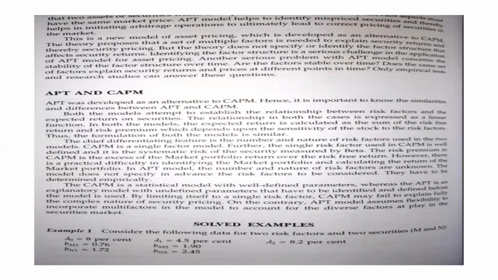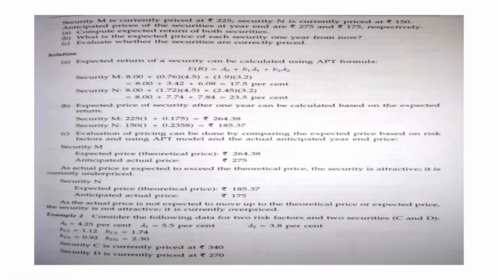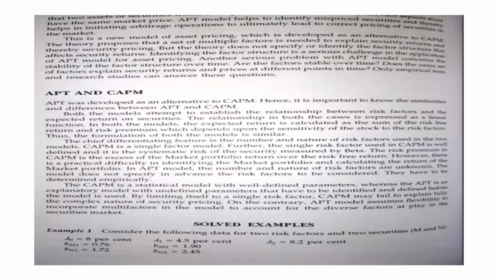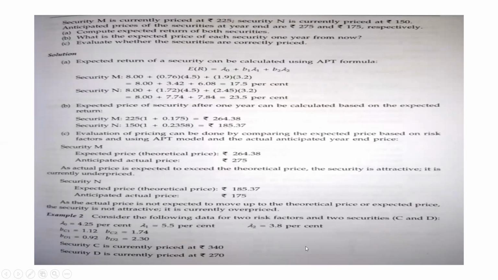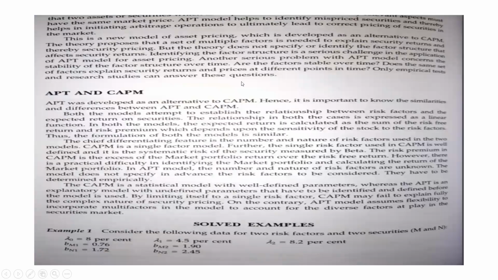The risk premium value is given as 4.5, so we are taking that. Similarly, we are going to substitute all the values. Sensitivity of security M to the second factor is 1.90 into 3.2. 3.2 is the value.